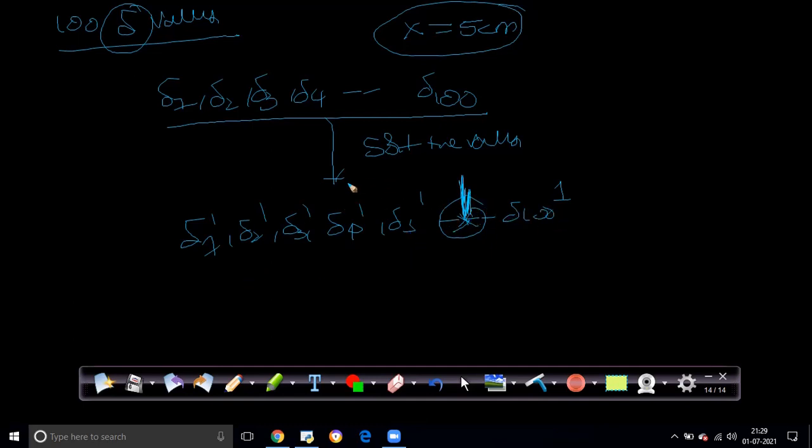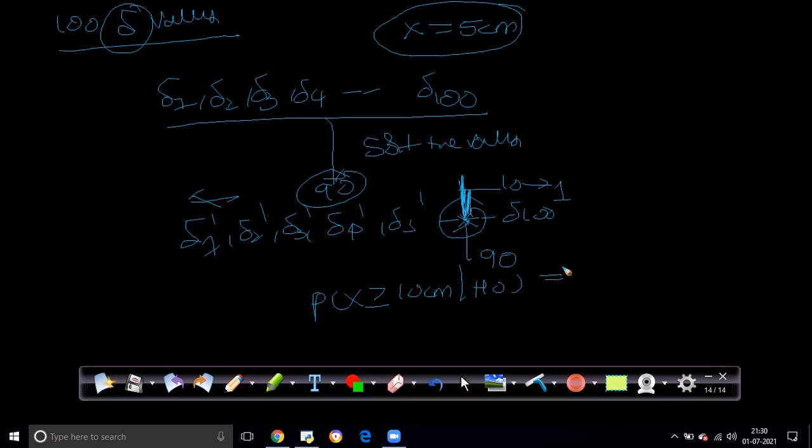Out of 100, let's say the place of this test statistic is at the 90th place. So only 10 values are greater than your test statistic, 5 centimeters, and 90 values are less than your test statistic.